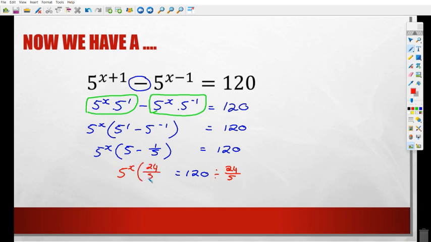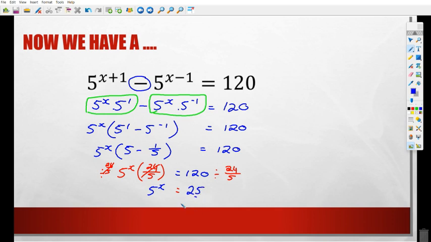I'm going to divide by 24/5 on this side as well. Those are going to cancel, and here I'm left with 5 to the x. And what is 120 divided by 24/5? Good, it's 25.